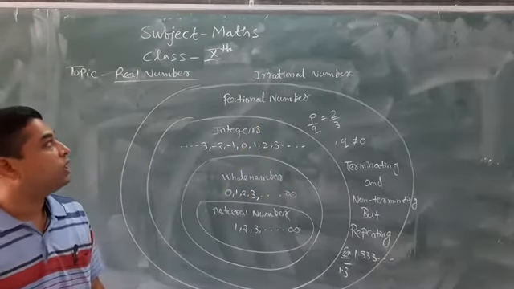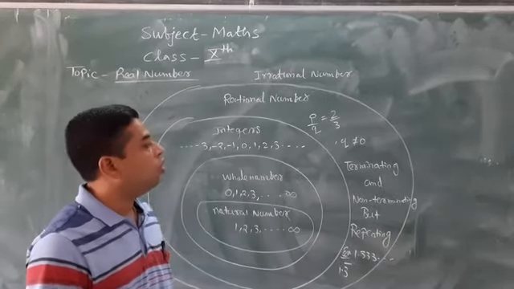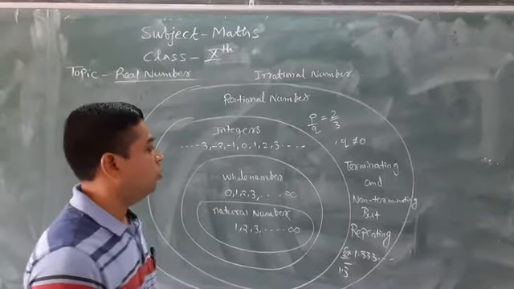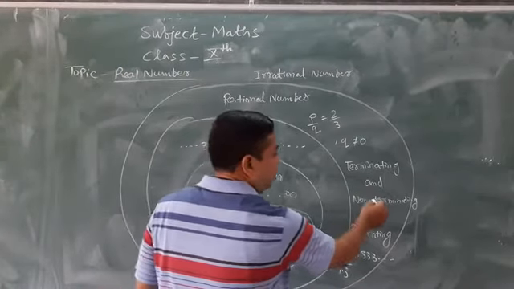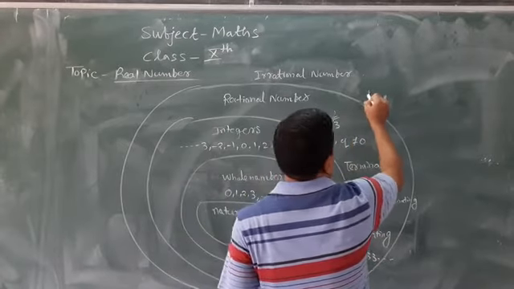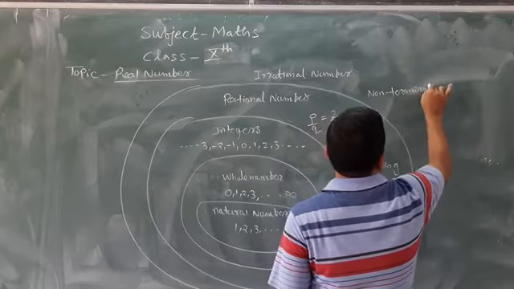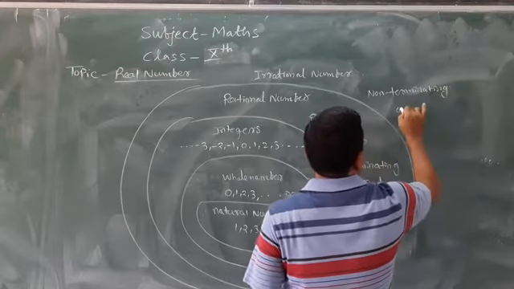An irrational number is a number which, when we divide, is non-terminating and non-repeating. Here, rational is non-terminating but repeating, but an irrational number is non-terminating and non-repeating.